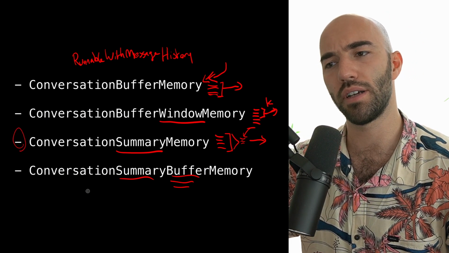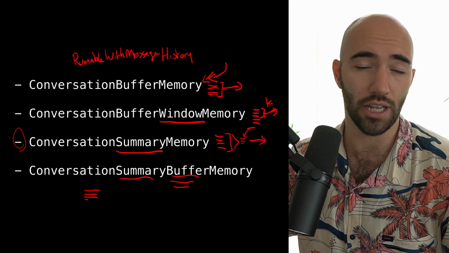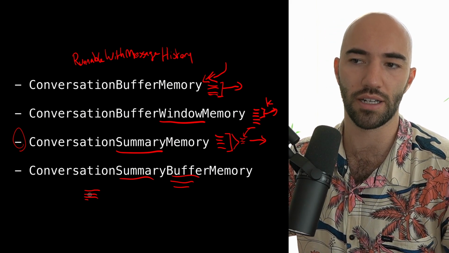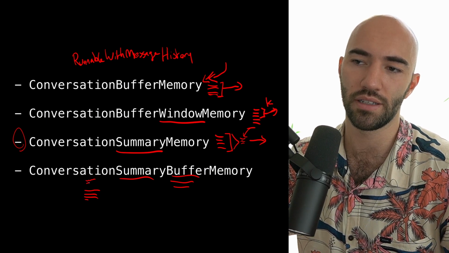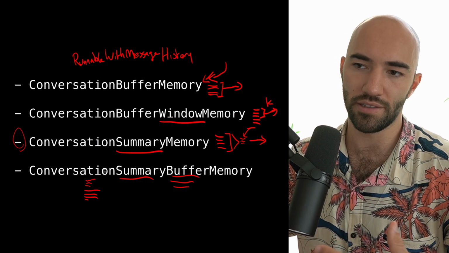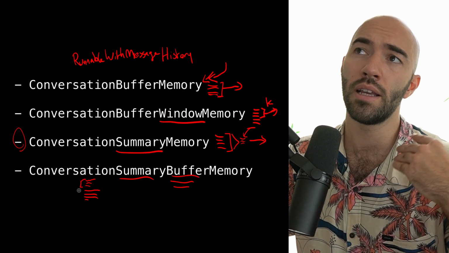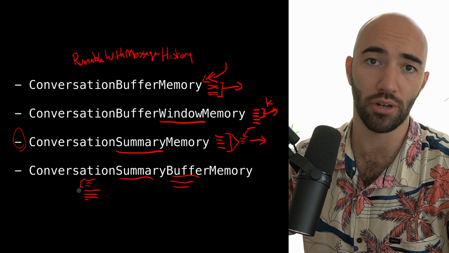So essentially what you're getting is almost like a list of the most recent messages based on the token length rather than the number of interactions, plus a summary, which would come at the top here. So you get kind of both. The idea is that obviously this summary would maintain all of your interactions in a very compressed form.